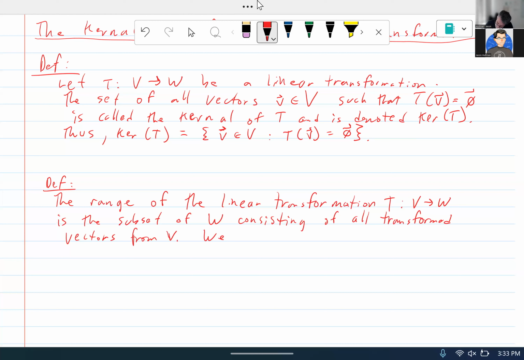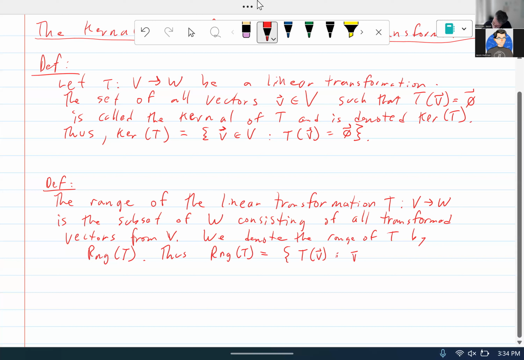We denote the range of T by Rng of T. Thus, the range of T is equal to all the transformations T of v such that v is an element of V. T of v is a subset of W, but they don't state it here.